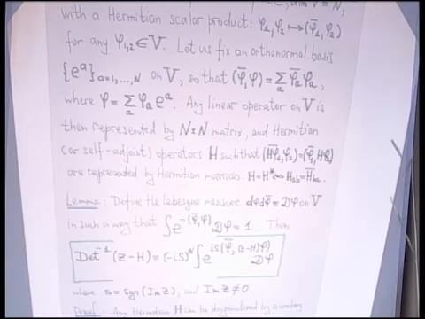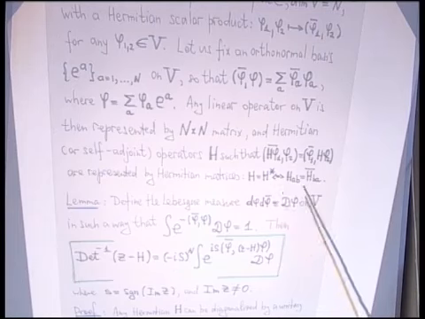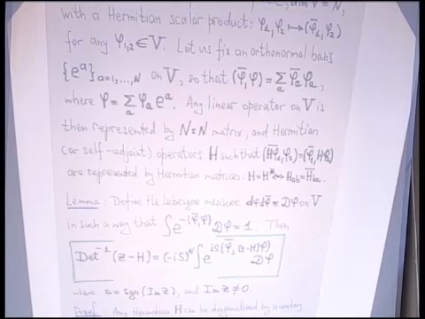Fortunately, I use star for Hermitian conjugation, so it's in line with Leonid's talk, which in practice means that entries of the matrix which are symmetric with respect to the principal diagonal are just complex conjugates.